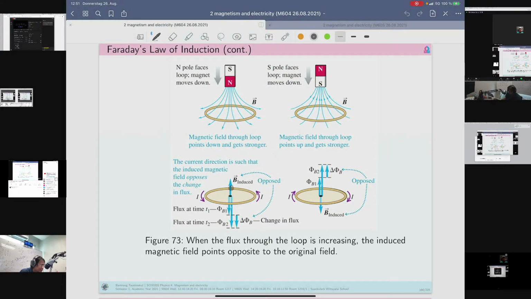And that's the first situation. It's straightforward. You just move the north pole to the circular conductor.